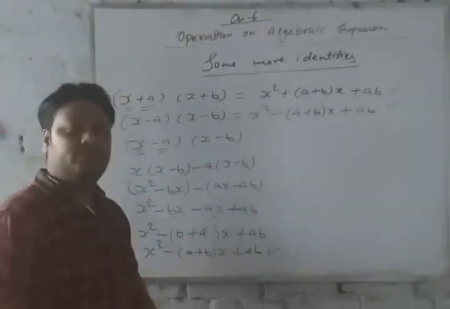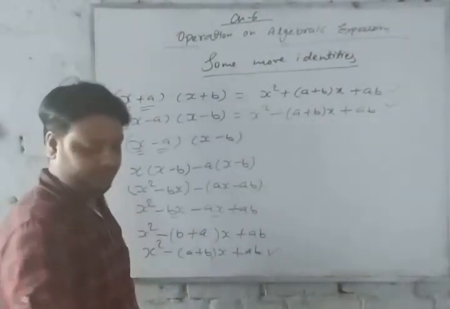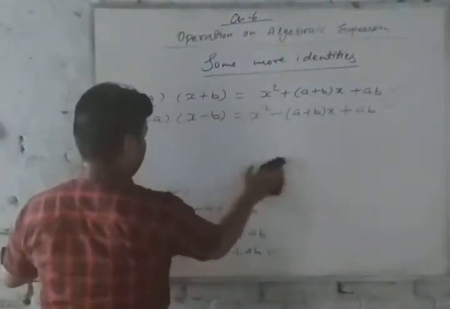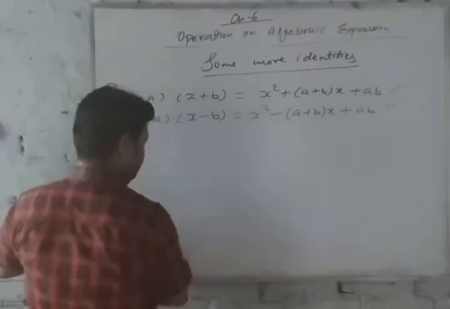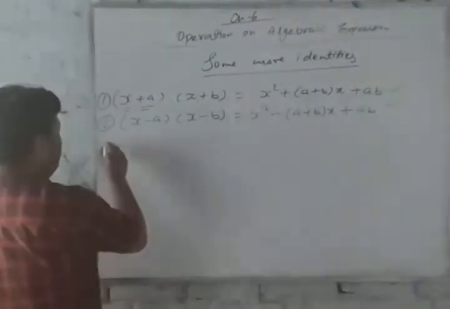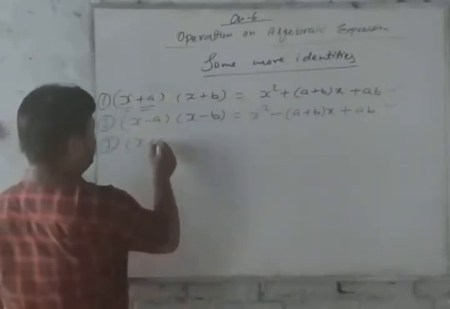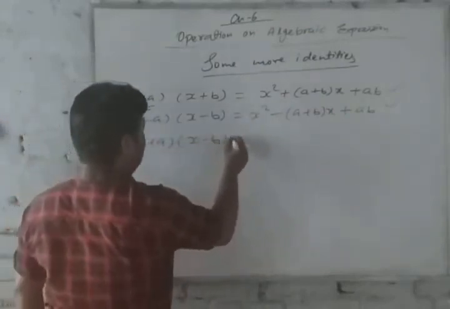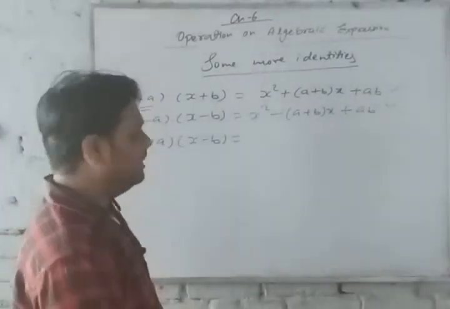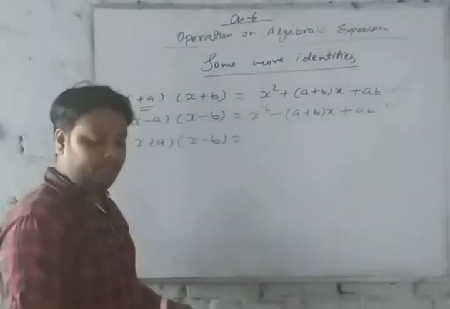Now let's see the third identity. If the first one is plus, x plus a, and the second one is minus, x minus b, then what will we do?